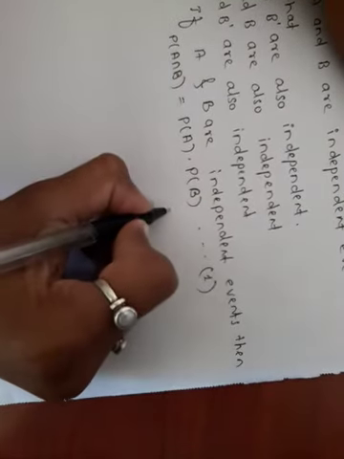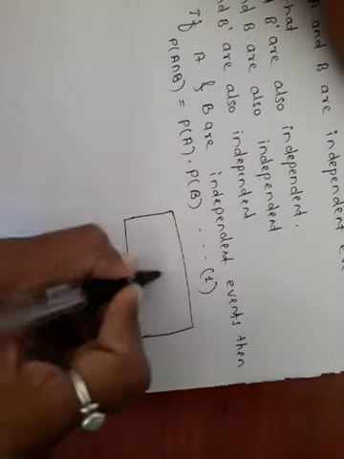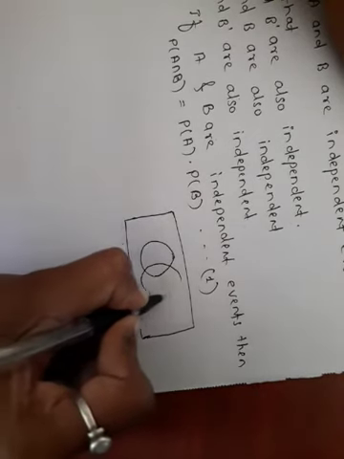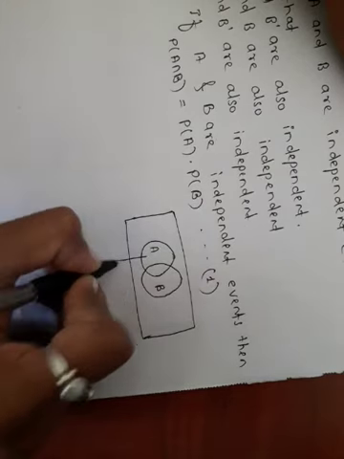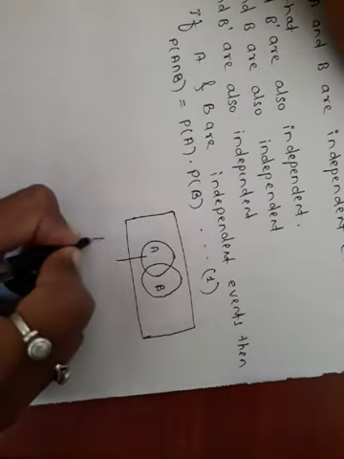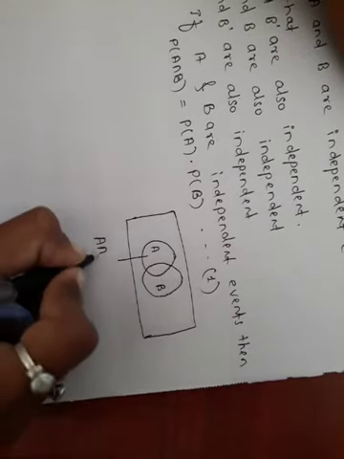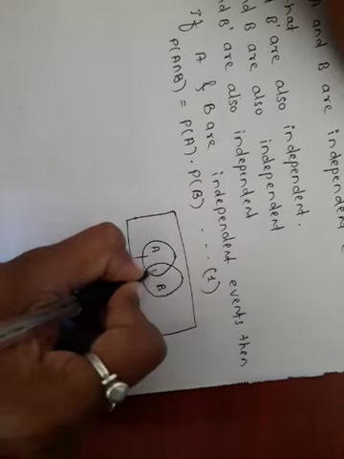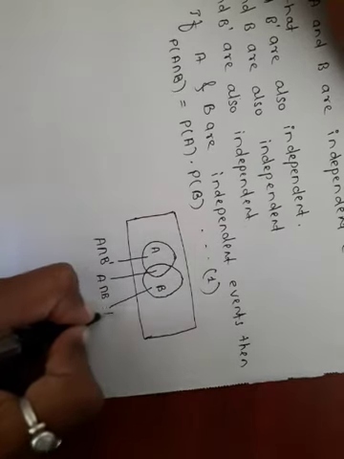Write down a diagram. This is the sample space. Two events A and B. This is A, this is B. This part is A intersection B complement. This is A intersection B, and this is A complement intersection B.